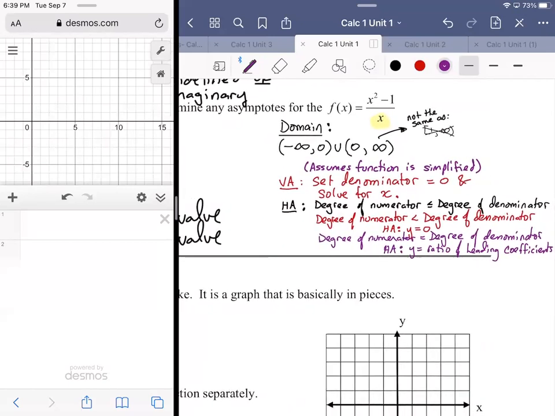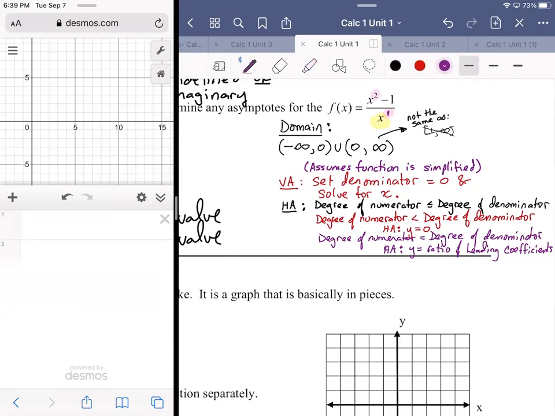In this case, we have no horizontal asymptote. Because the degree of the numerator is not less than the degree of the denominator, and it is not equal to the degree of the denominator. The way I know that is the degree on top is 2 and the degree on the bottom is 1, the highest power on the bottom. So there is none here.